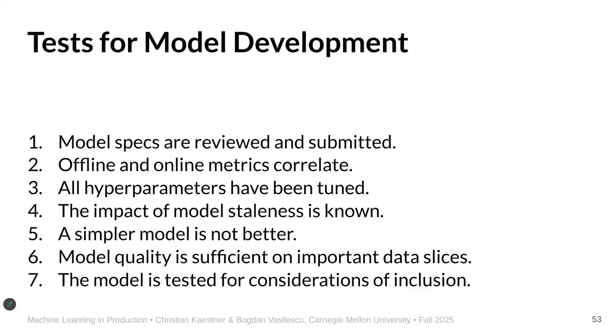That's testing the model though, right? Yeah, we talked about it. I wanted you to think beyond testing the model itself. What can you test around the development of the model? Right, so you could go through this list here and think about, is a simpler model better, right? That's a very simple thing, like have some sort of basic baseline and see whether that's better and have an automated test for this, right?